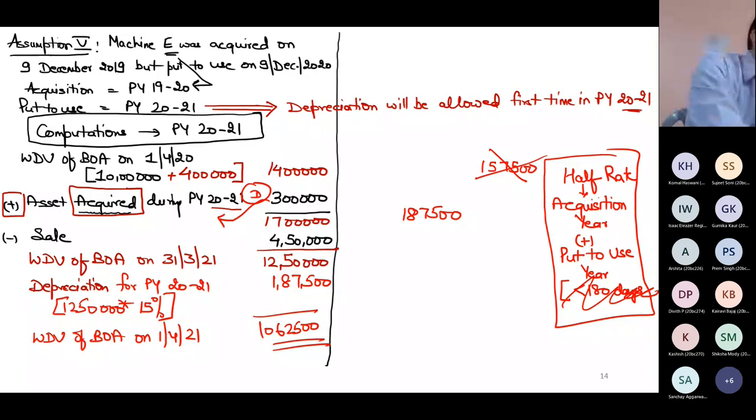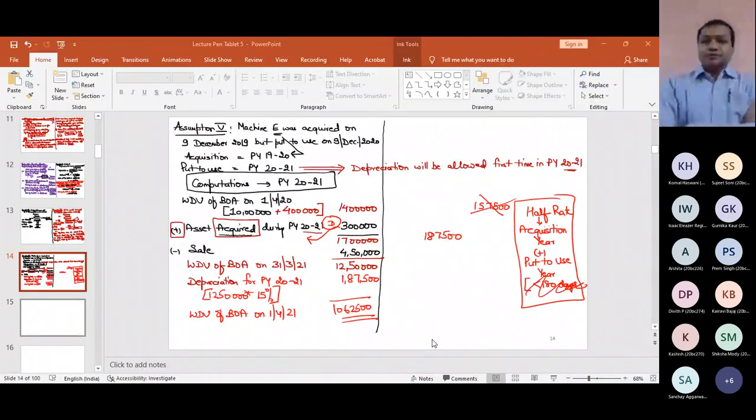Reasons also you must know carefully. Now please raise your hand if assumption 5 is also clear. Any problem you can ask, or if you are getting confidence now in computing depreciation, please raise your hands.